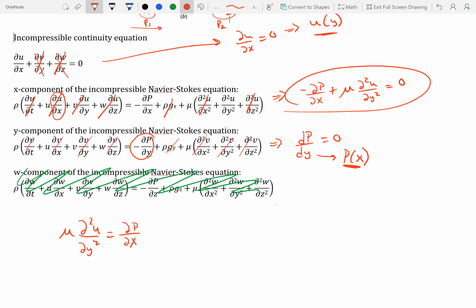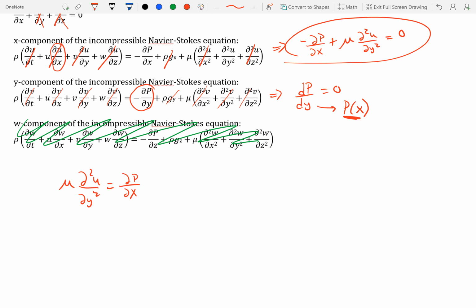All right. So, but why do we need partials? We don't, because if we go back to the y component, p is a function of x. Basically, this is now assuming that dp dx is constant. So we can change these. So this is really just a constant number.